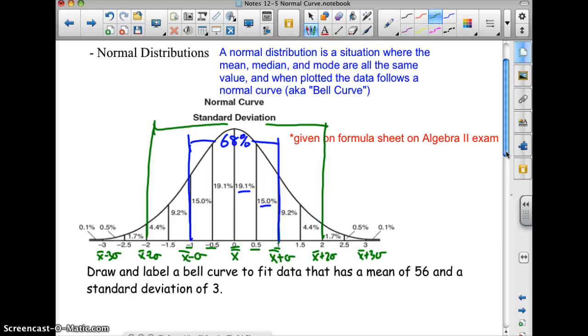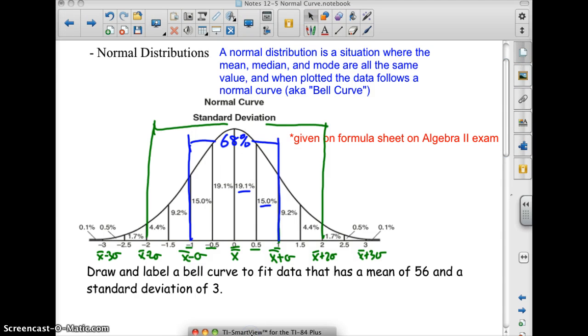Okay, so that is how you can find out the percent that is within 2 standard deviations of the mean.